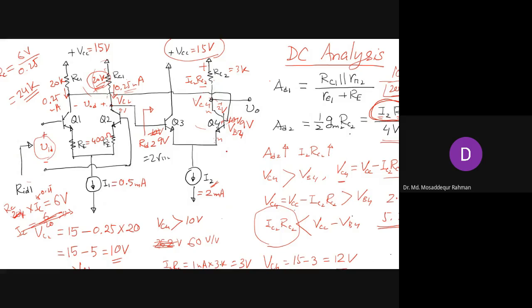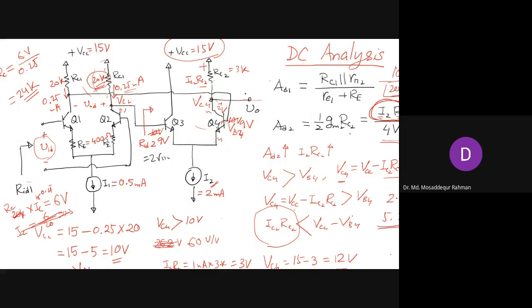We will discuss more in our next class on the multi-stage differential amplifier, because here you are taking the output directly from the collector in an integrated circuit. We don't use a coupling capacitor, because coupling capacitors are bulky.